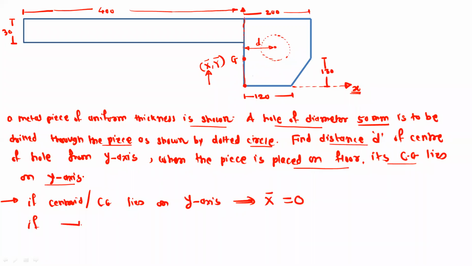And if the centroid lies on the x-axis, its y coordinate will be 0, so y bar will be 0. Okay. So right now we will only deal with the x coordinate. As the center of gravity lies on the y-axis, we have the value for x bar equal to 0. Okay. So in the calculation, we will only use the x bar.